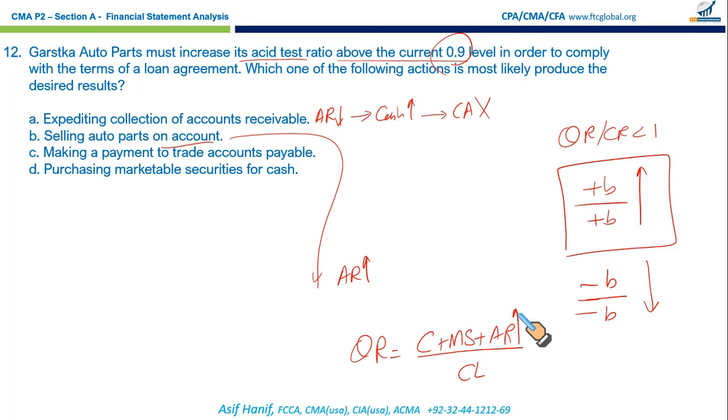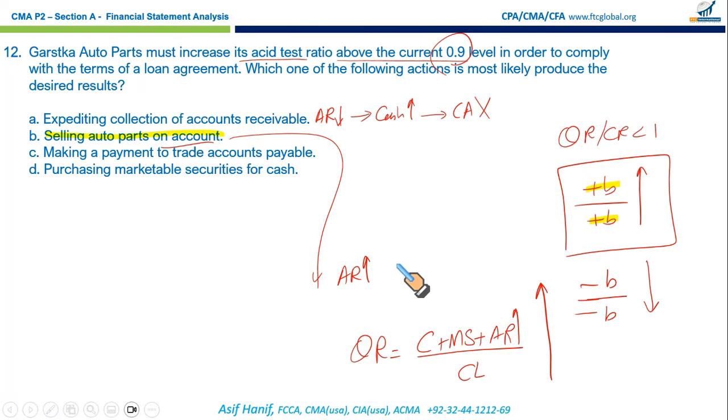Yes, there is a reduction in inventory, but that is not reported in the quick ratio. Right? It's in the current ratio. So here we have a single change in our accounts receivable in the numerator that causes the ratio to improve. That's exactly what you should do: sell auto parts on account, or otherwise buy goods on credit. This way also you are able to improve your quick ratio.